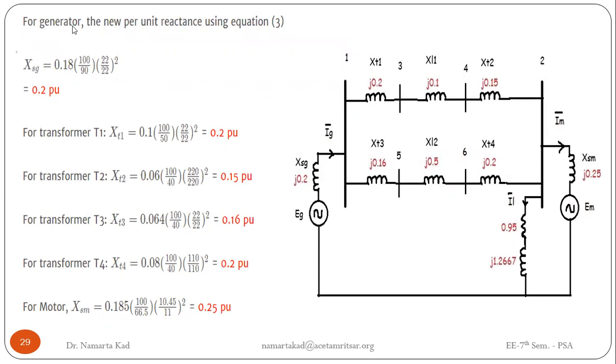Okay. Now for the generator, our actual value that is given is 0.18. Here is the actual, this is the new MVA base. This is the old MVA base, 100 upon 90 into 22 by 22 kV square.